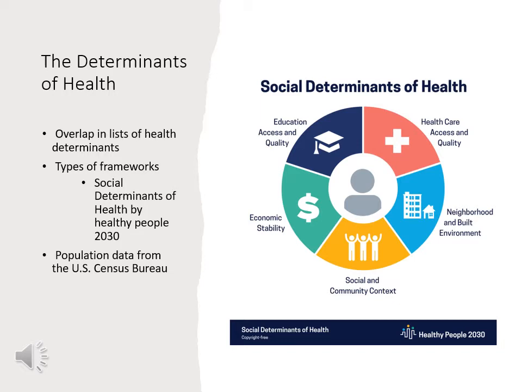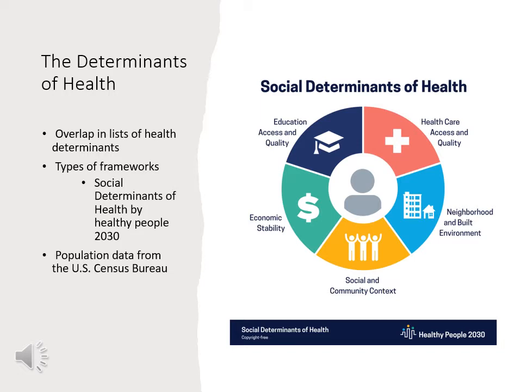Because everything in a society could be a health determinant, as per Healthy People 2030, social determinants of health are the conditions in the environments where people are born, live, learn, work, play, worship, and age that affect a wide range of health, functioning, and quality of life outcomes and risks.